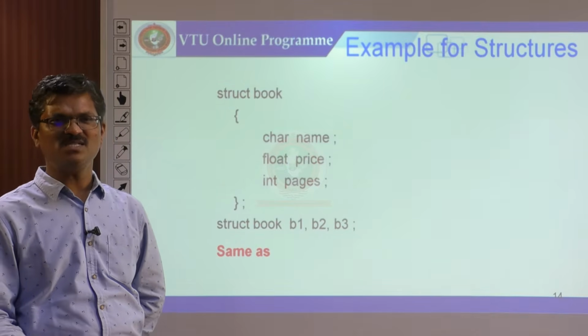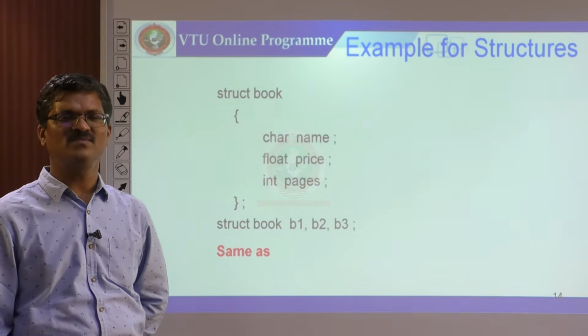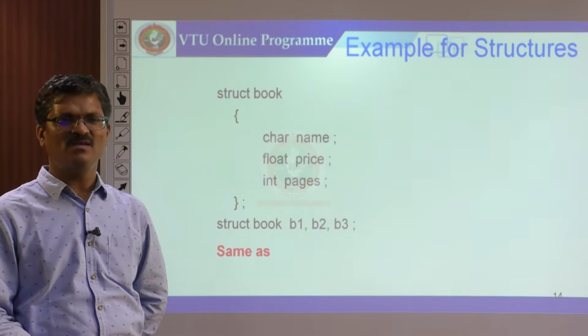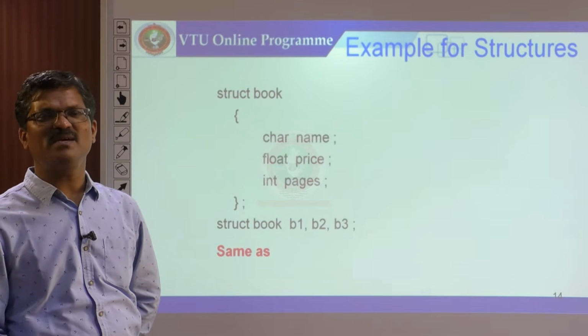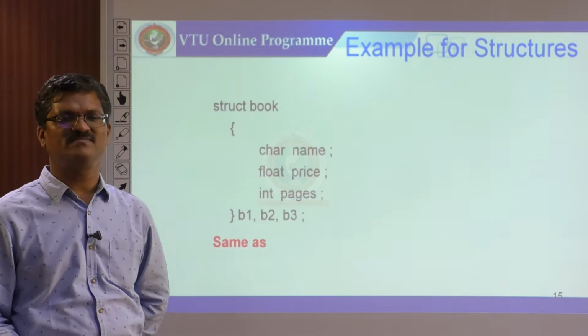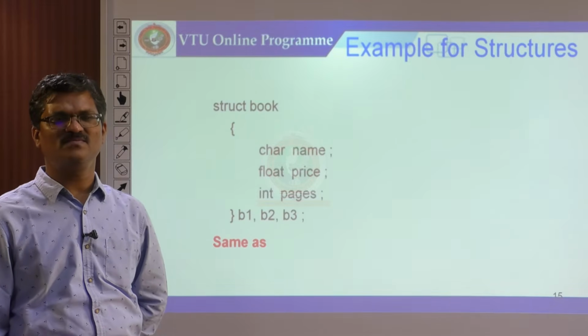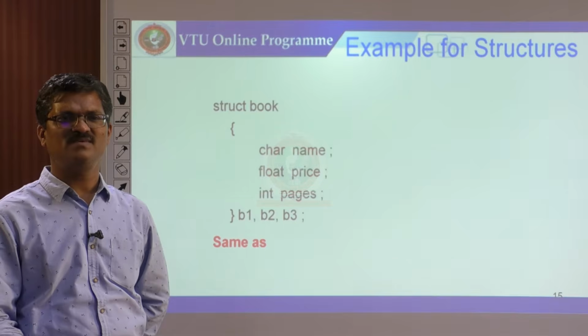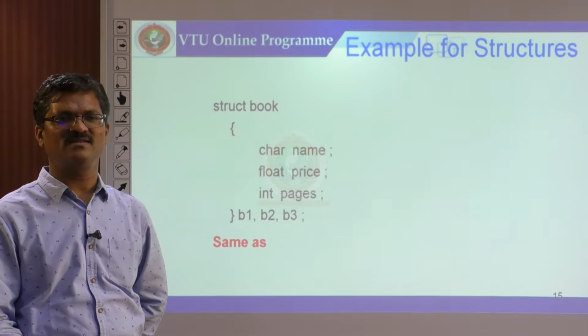This is one declaration, which may be written in a compact form. The same declaration can be written as struct book with all three members, where the variables B1, B2, B3 are written here only.